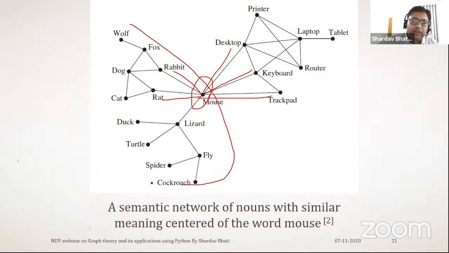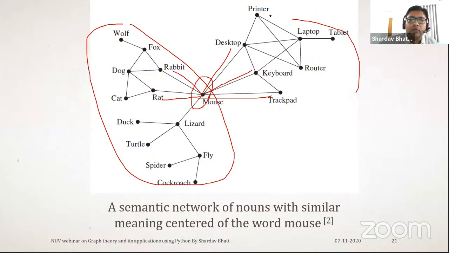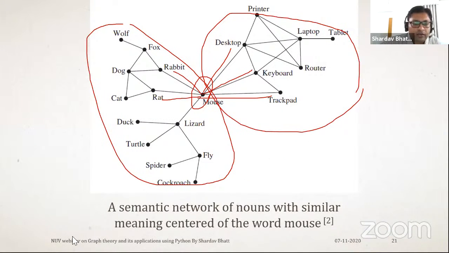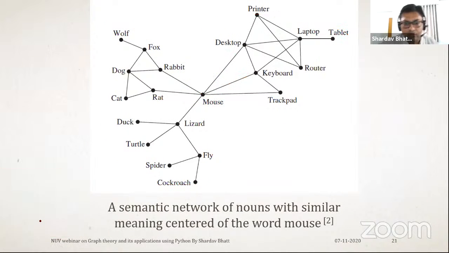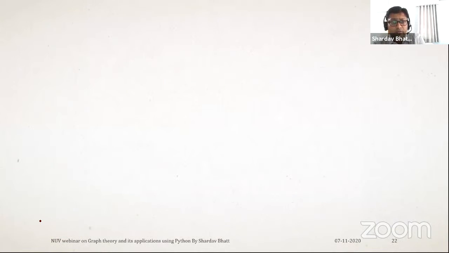So on one side you have all the animals, on the other side you have all the hardware of computers. So this is related to grammar. I mean, mouse is a noun, and these are the related words to it. So in linguistics also, graphs can be used.